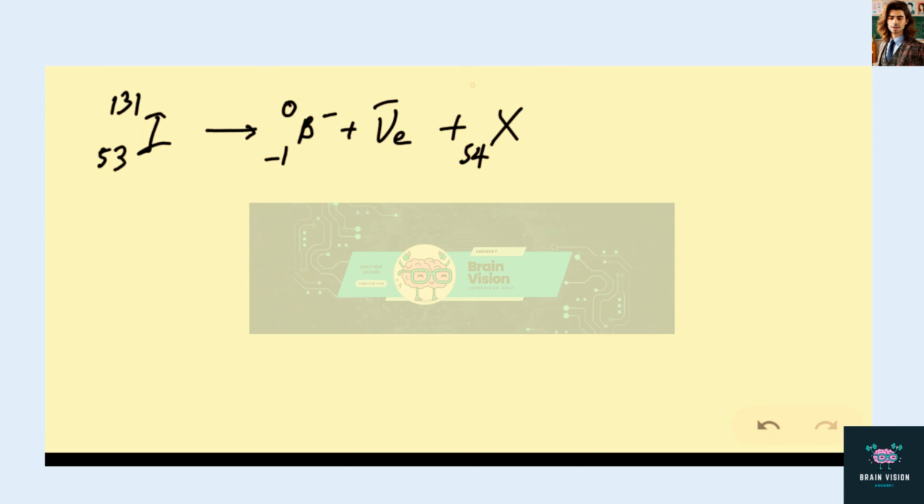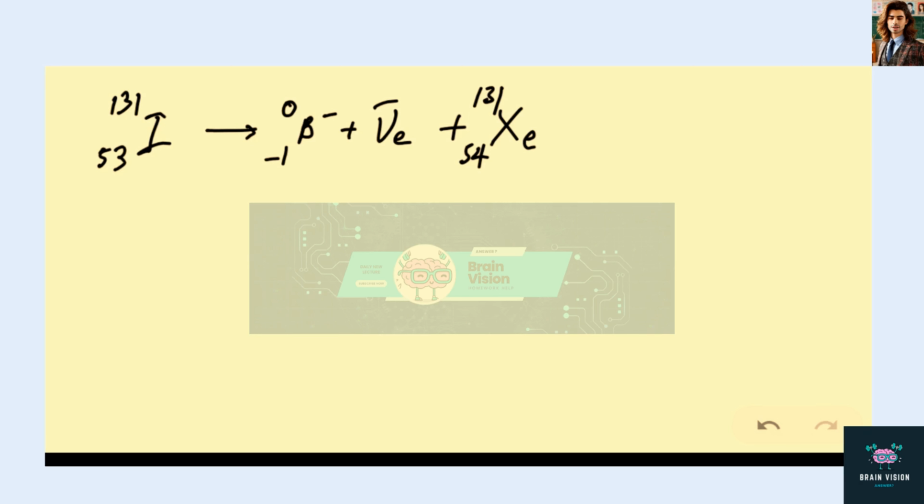Same thing with the nucleon number, it must be 131. So X, looking up the periodic table for an element with 54 protons, we should identify this as xenon. So it is xenon. So this is the decay equation.